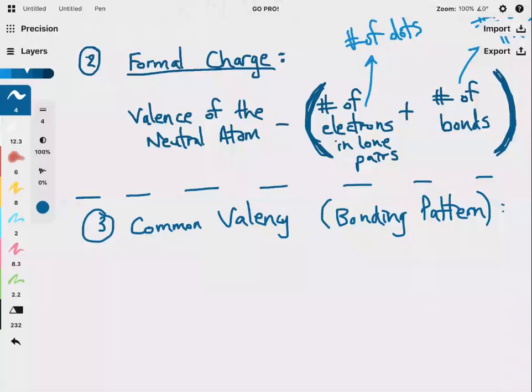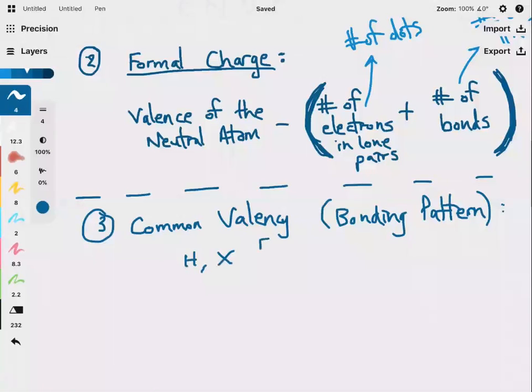So this is a good guide that you can follow to figure out how many bonds your atoms should have. So if you have hydrogen or a halogen, which we'll say is symbolized by an X. X usually means halogen. So that's all the way on the right side of your periodic table.